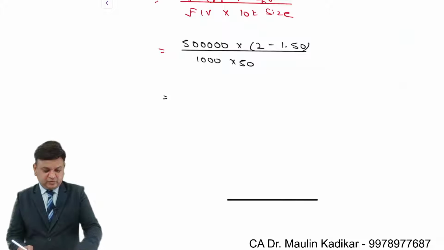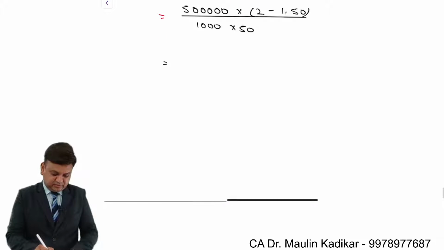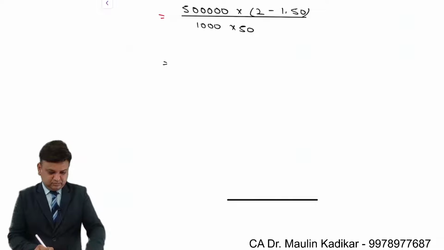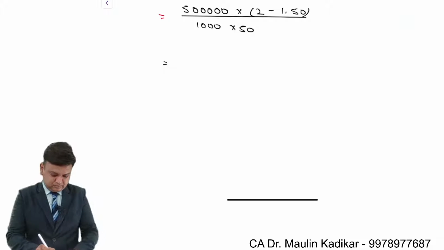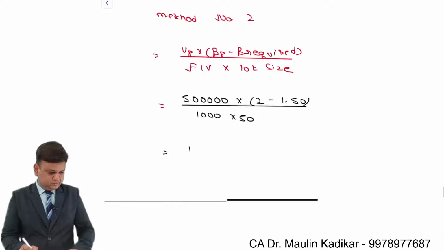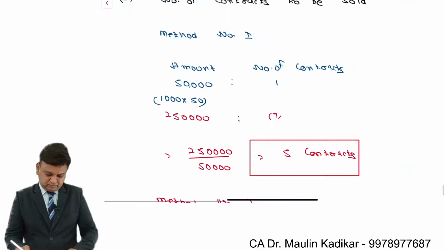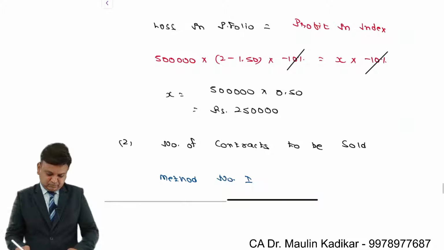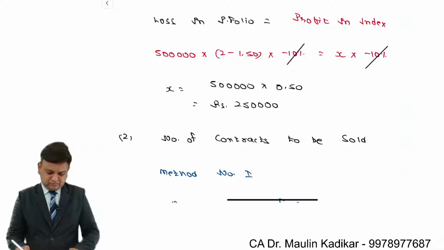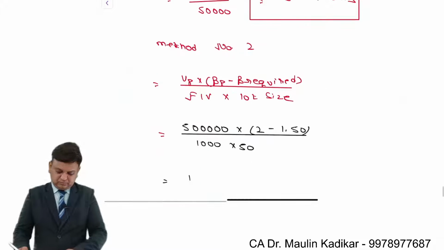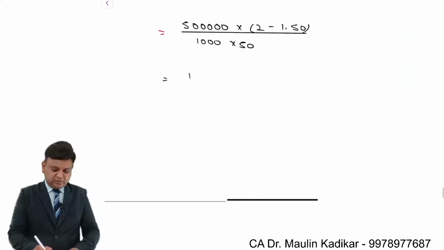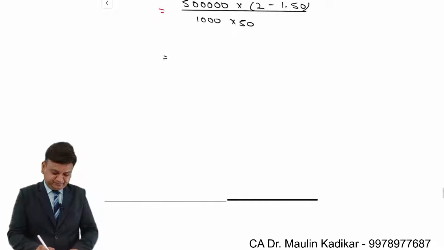So 5 lakhs into 0.25, that is 1,25,000. Five lakhs into 0.5, 2,50,000, divided by 50,000.